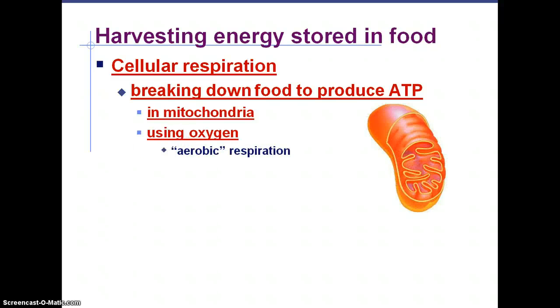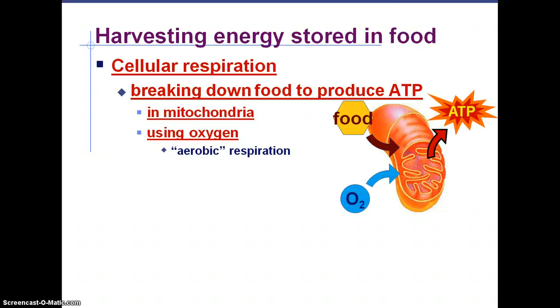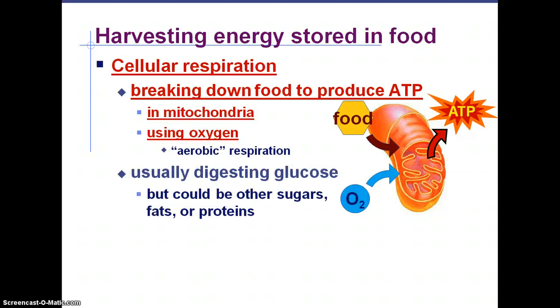It uses oxygen, so if you want to be technical, it's called aerobic cellular respiration. Anything that requires oxygen is aerobic. So in goes the food, in goes the oxygen, and out comes some ATP. Usually we talk about the food as being glucose, but you could also break down fats or even proteins if the cell was desperate.